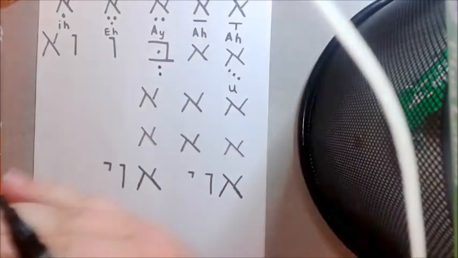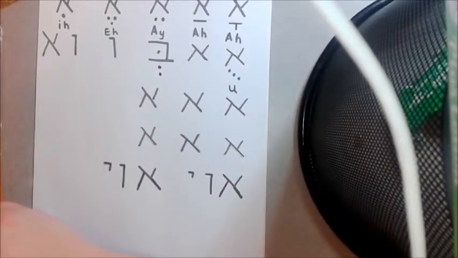Now, backing up really quickly, in the first video I did a lot of mnemonic suggestions for you to remember which things these are, and how to remember the letters and the differences between them and things like that. For the vowels, I'm sorry to say that I don't really have that for you. There are some mnemonics, like I said, with the I and the single dot. You can think of it as dotting the I.